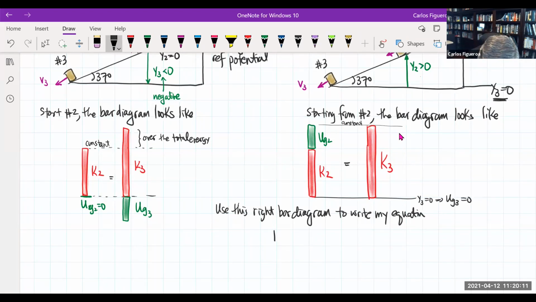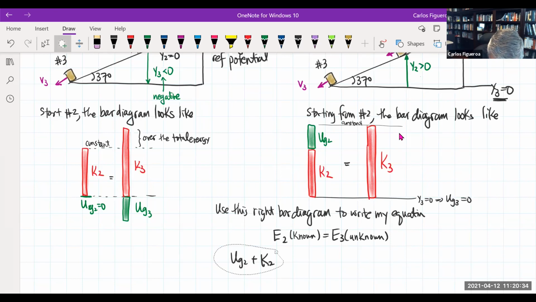Well, according to conservation of energy, everything is known about 2. What's unknown about 3 is its velocity. So when I look at my equation, I'm going to write that here. And then this should equal the kinetic energy at 3.